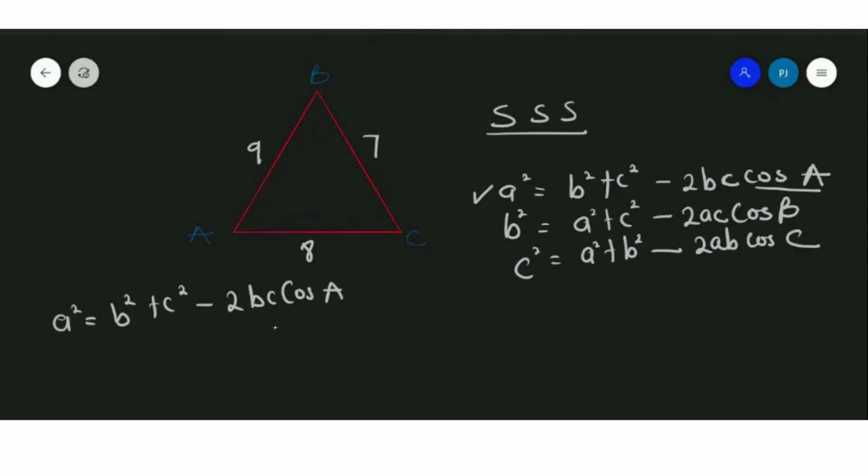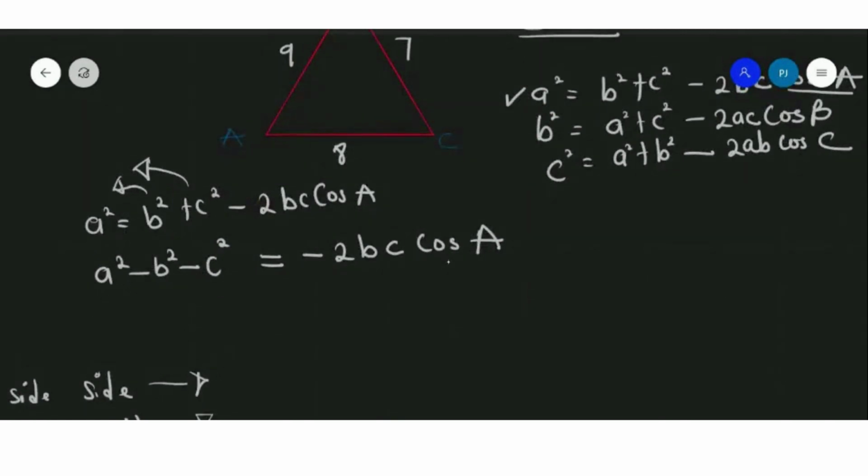So if you have something like this, what do you do next? You just move the b squared and the c squared to this side. So we have a squared minus b squared minus c squared is equal to negative 2bc cos A. So what do we do next? Remember, we have to make only cos A the subject of the formula.